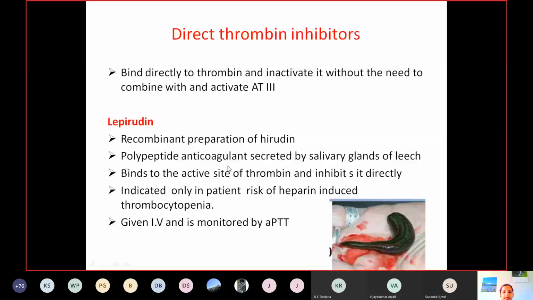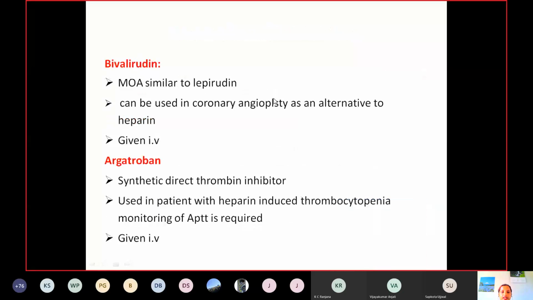It is a polypeptide anticoagulant secreted by the salivary gland of the leech. It binds to the active site of thrombin, factor 2, and inhibits it directly. It does not require any activation of antithrombin 3, unlike heparin and low molecular weight heparin.